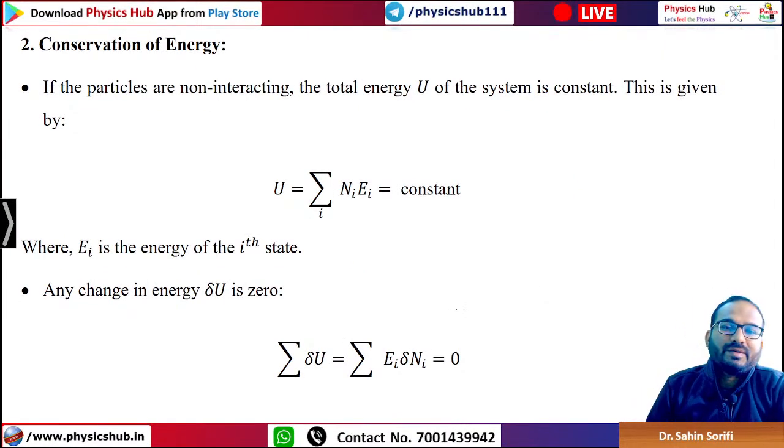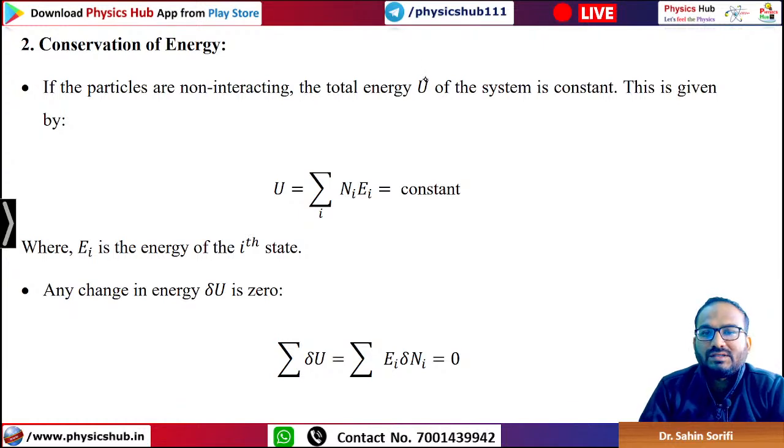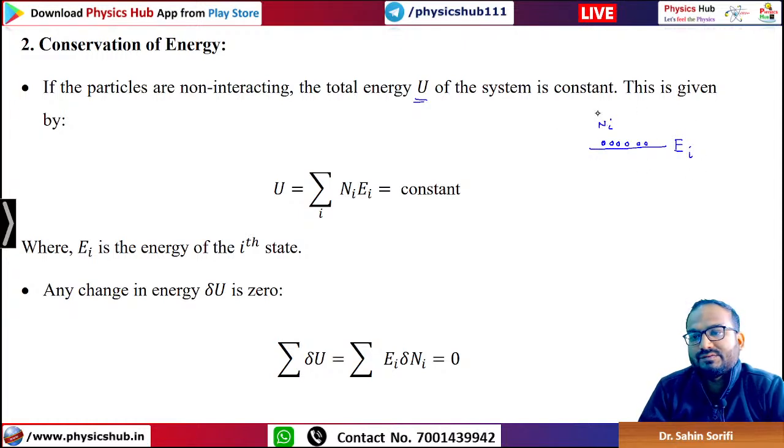Conservation of energy: if the particles are non-interacting, the total energy U of the system will remain constant. If you have Ni number of particles and the energy of this level is Ei, multiplying Ni by Ei gives the total energy of these many particles.